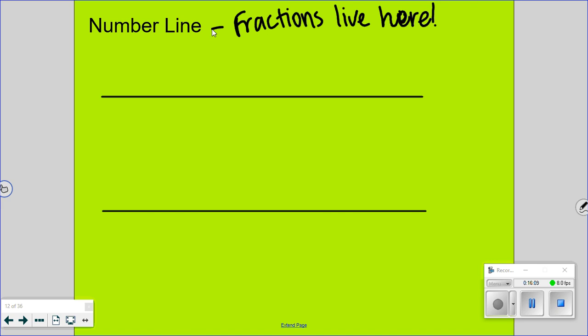I'm going to zoom in so close that my number line starts at 0 and ends at 1. So I zoomed in so close that I'm only looking at a distance of one number. Can you imagine that?